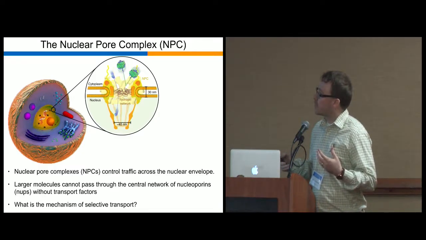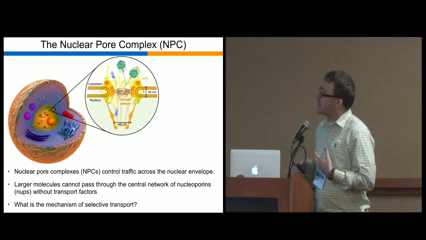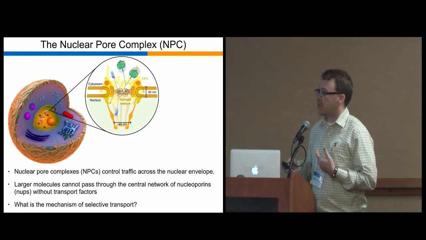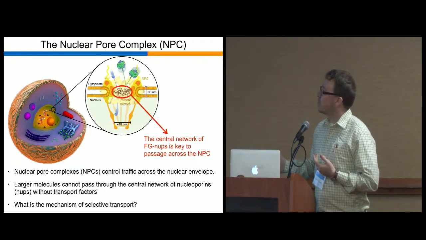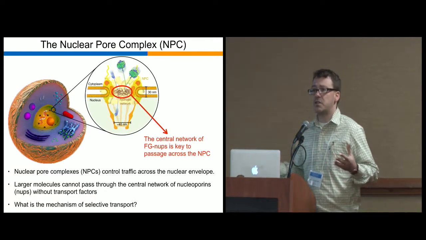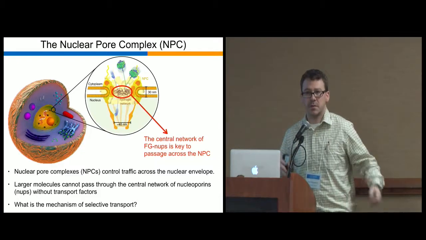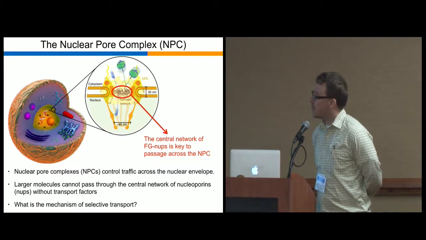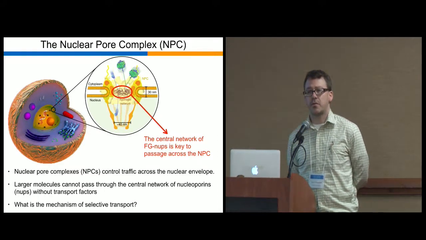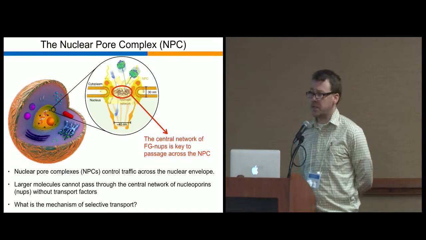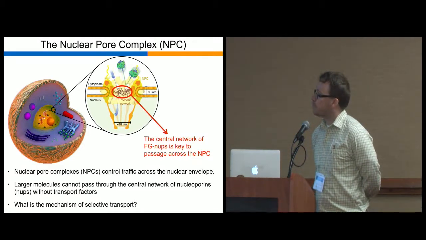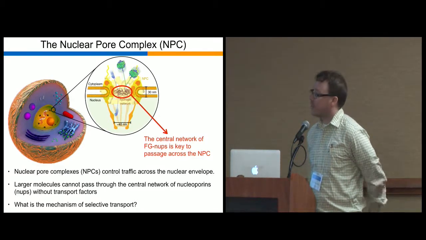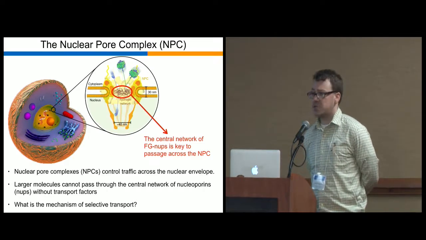And so one thing that's central to this passage is this central mesh. NUP is the abbreviation of nucleoporin, which is just the term for a protein in the nuclear pore. And one of the reasons that this is difficult to study both in experiment and in simulation is that these NUPs, called FG NUPs, are intrinsically disordered.